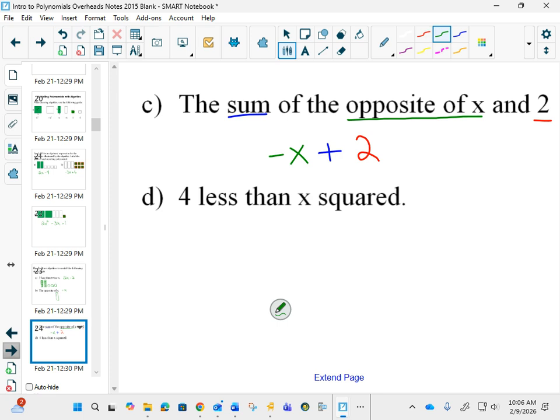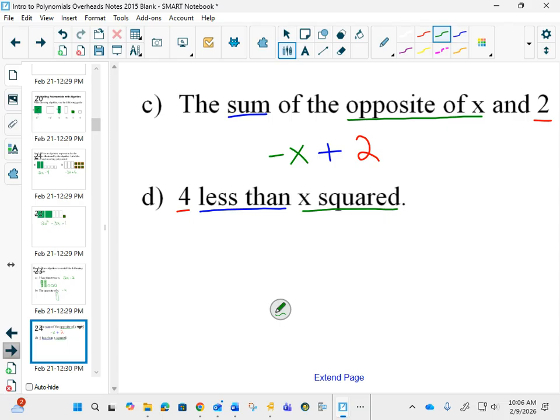I'll write the next one. 4 less than x squared. So I've got 4, I've got less than, and I've got x squared. The less than is subtracting.